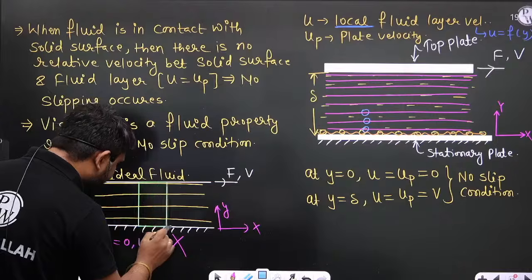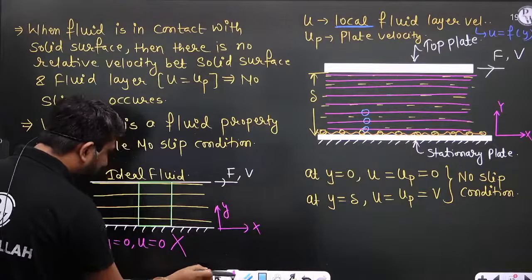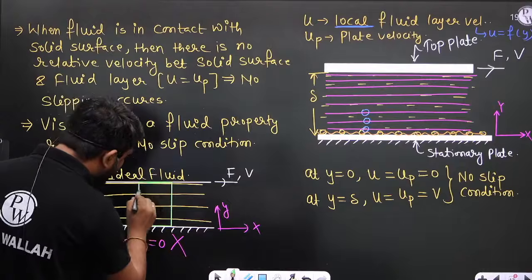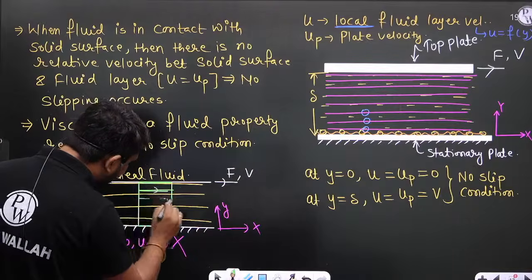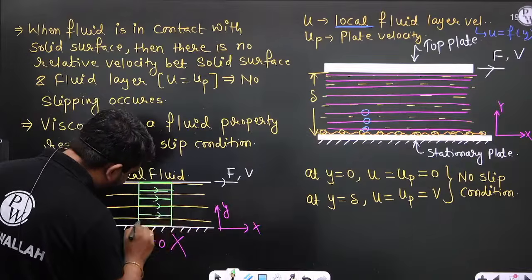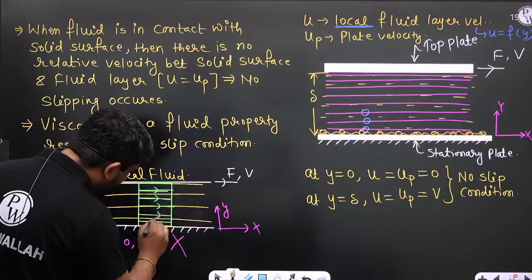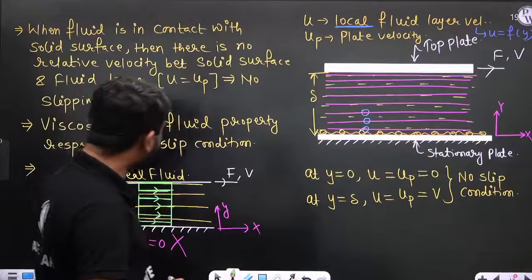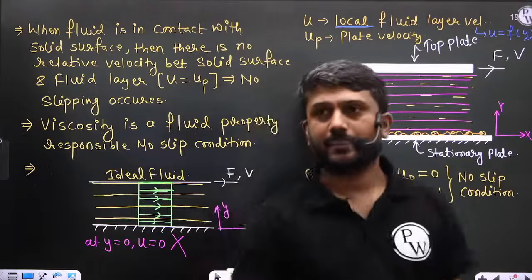So in case of the ideal fluid, I will show you the velocity distribution. Each layer has the same velocity. This is the velocity variation or velocity distribution in case of the ideal fluid.